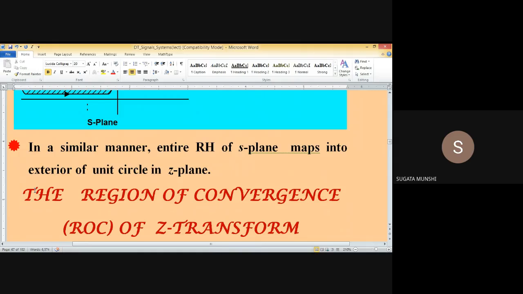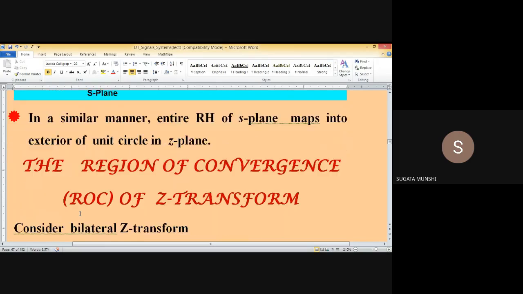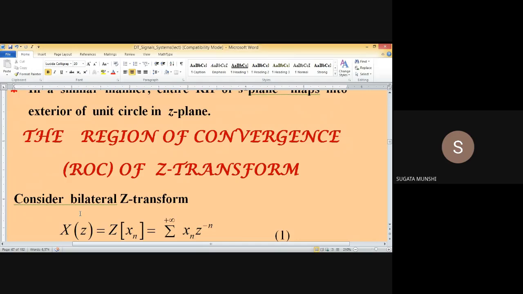Now, some more discussions are necessary regarding this region of convergence of the Z transform. To start from the basic expression for the bilateral Z transform.